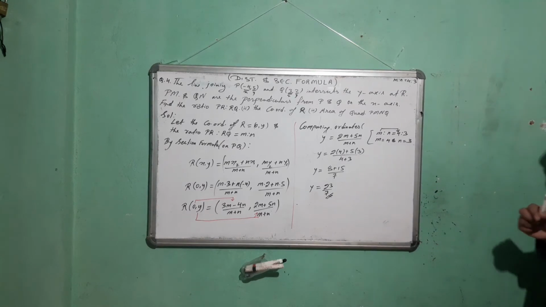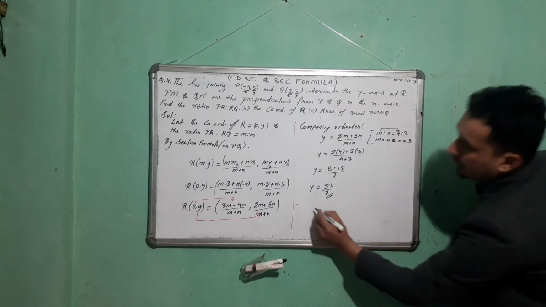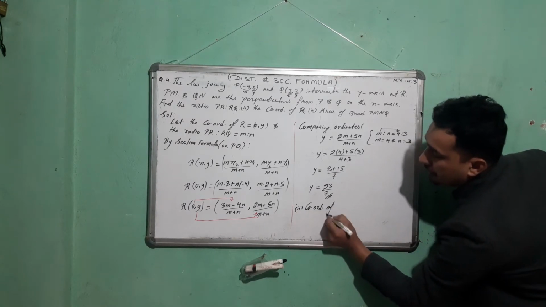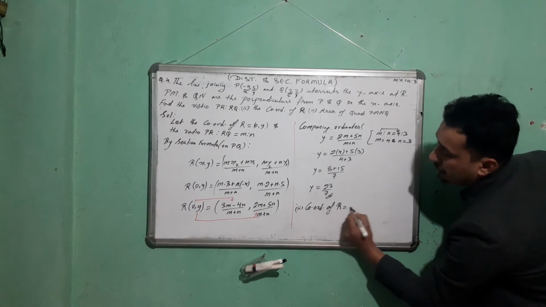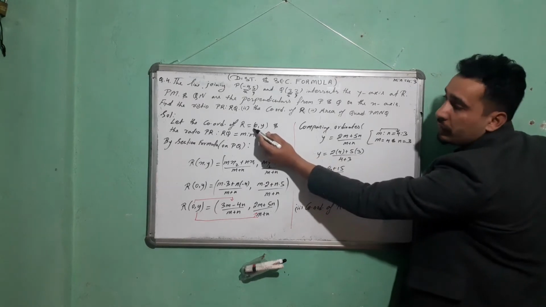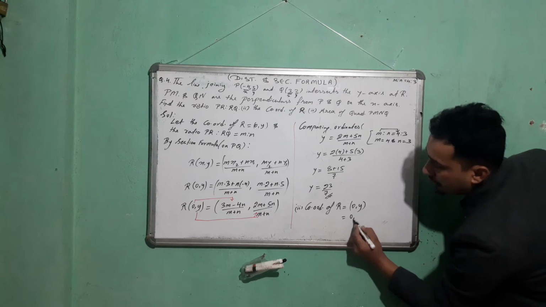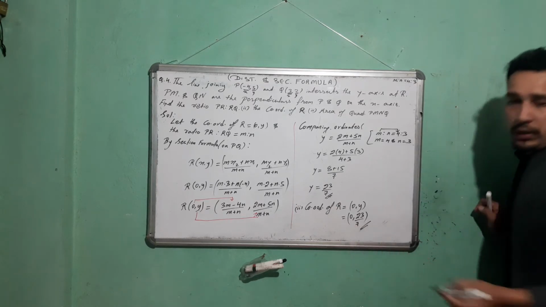This is the value of y. Therefore number 2, coordinates of R is equals to, we had taken coordinates of R as 0 comma y. So this will be equals to 0 comma 23 upon 7.